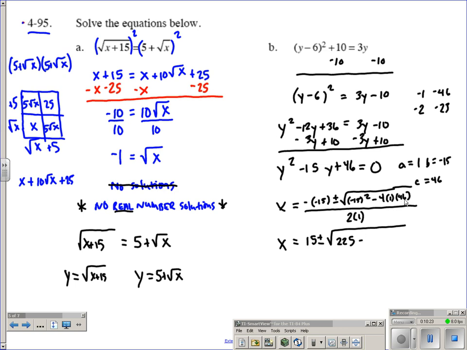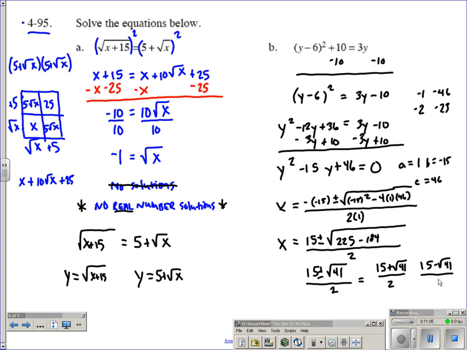Well, 4 times 50 is 200, and then if we subtract 16, we should have minus 184, all over 2. 225 minus 184 should give us 41, so 15 plus or minus the square root of 41, all over 2, which is the same thing as 15 plus the square root of 41 over 2, and 15 minus the square root of 41 over 2.